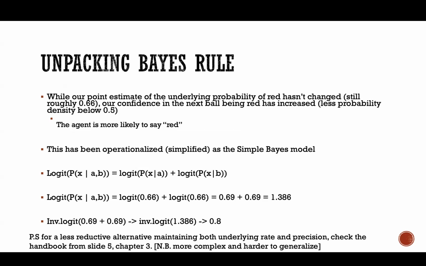So the idea is that the logit of the posterior is equal to the logit of the prior plus the logit of the likelihood, whatever the order. Or that the logit of the posterior is equal to the logit of the first source of information, whatever it is, plus the logit of the second source of information.